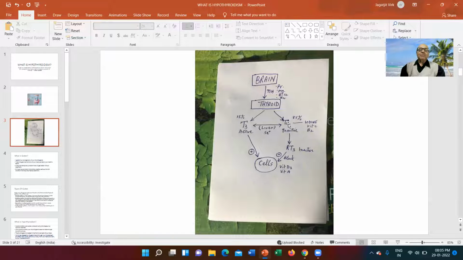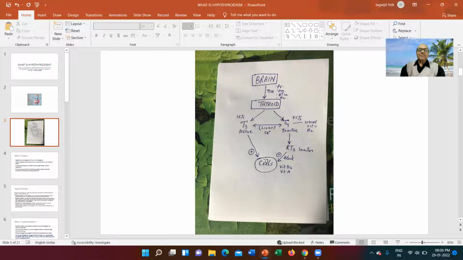So it is very important that we must get adequate T3, which has very positive effects on the cells to metabolize them, and all the actions of T3 are on the cells.